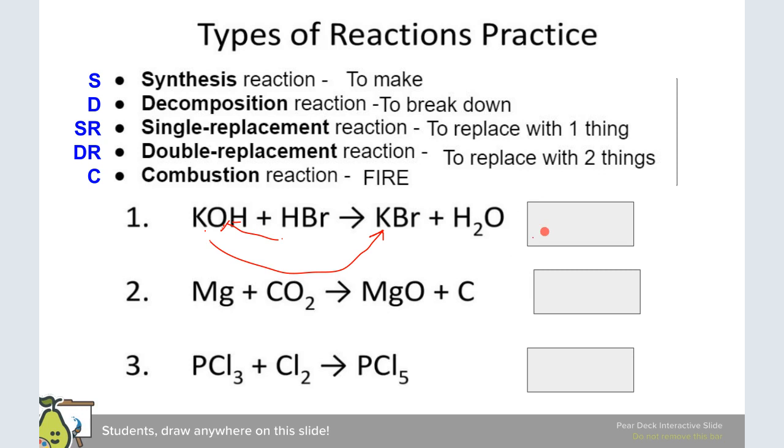So this is a double replacement. Right? Mg and CO2, so we have an element and a compound, then we get an element and a different compound. So this is our single replacement.